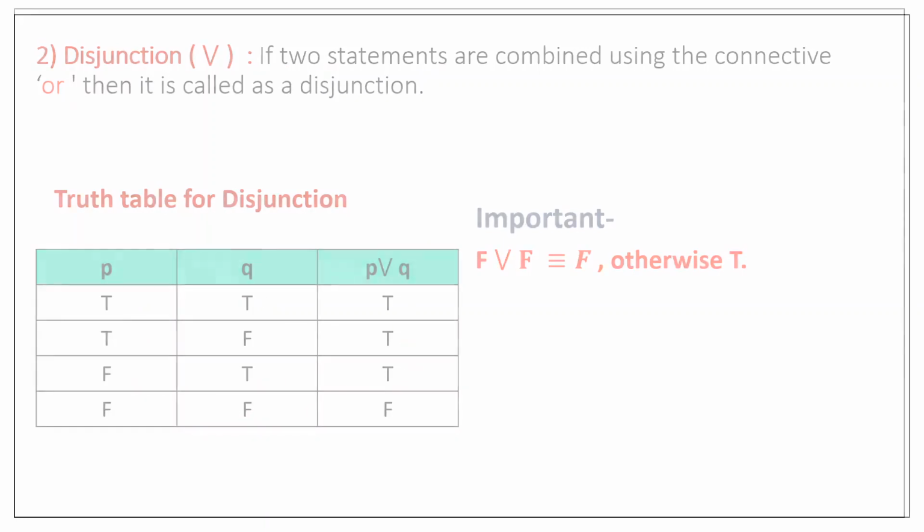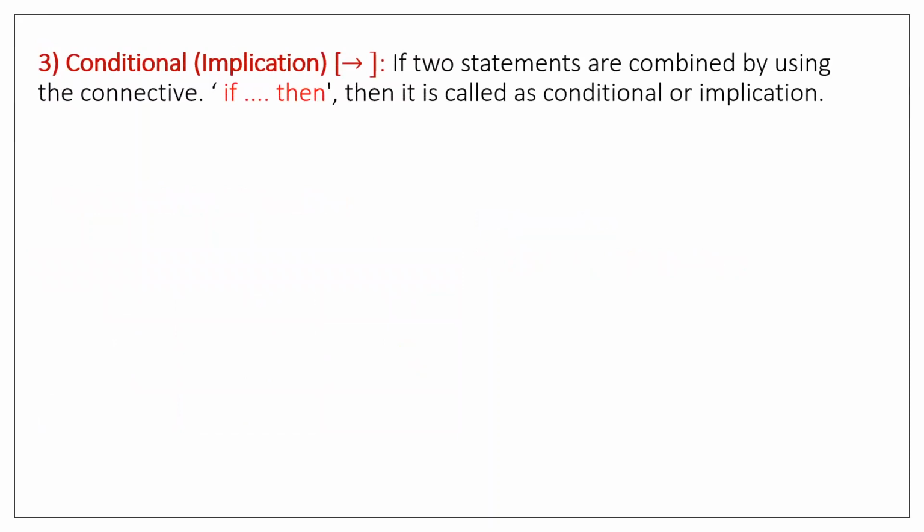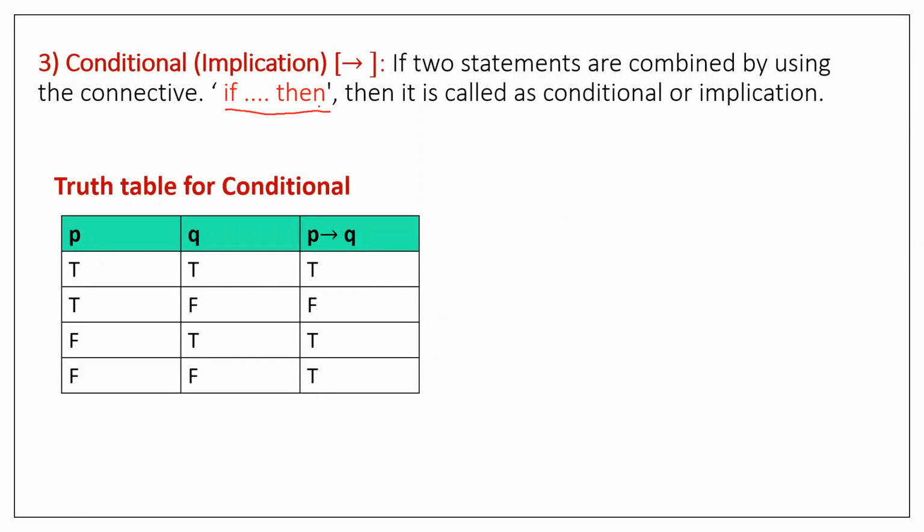The third one is conditional or implication. If two statements are combined using the connective if-then, it is called conditional or implication. What is the truth table? Again, we take two statements P and Q, and conditional is denoted by an arrow.